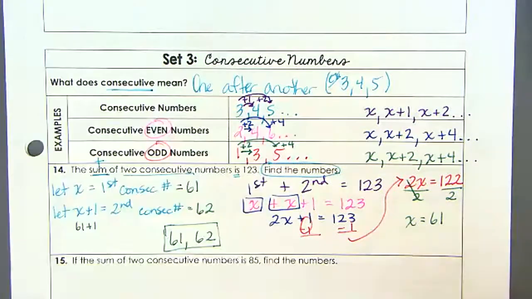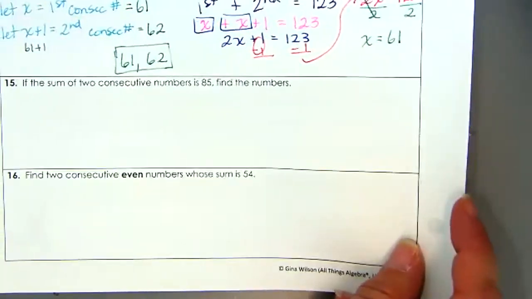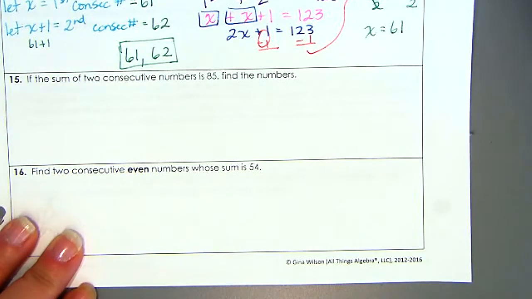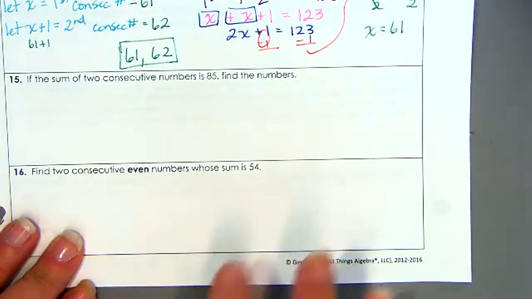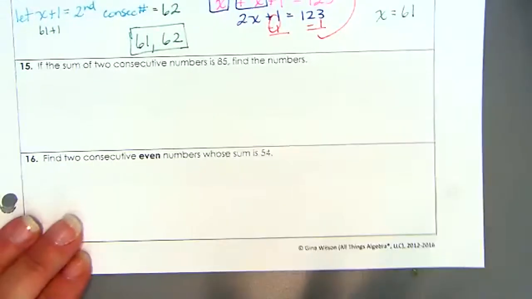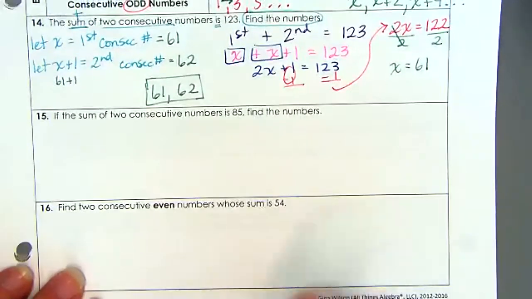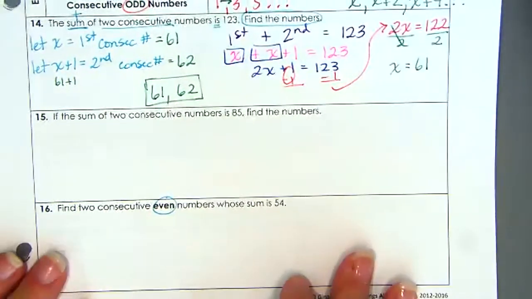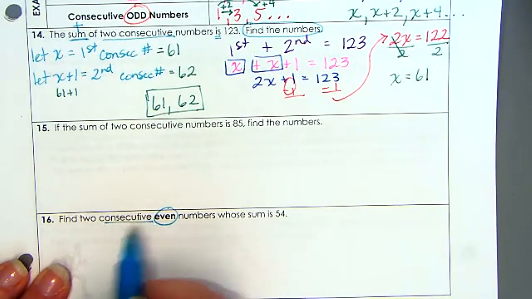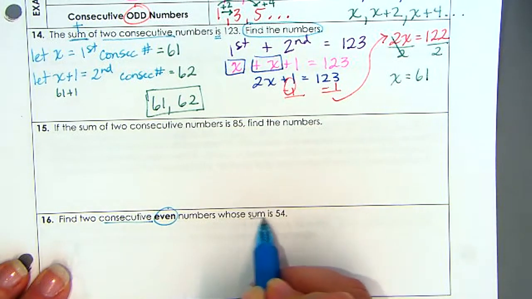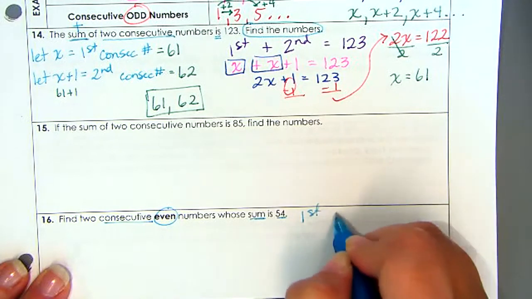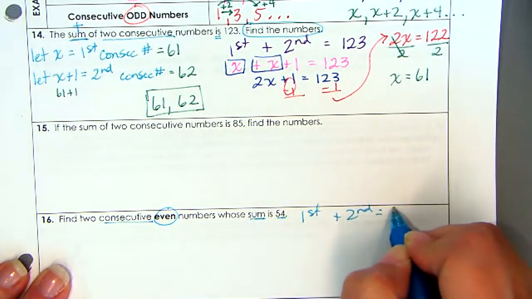Okay. Next example, 16. A lot of word problem examples. So this is going to take some practice and going back over. But remember, you can always go back to the video to watch. All right, here we go. The only difference here is we're talking about even. So we're no longer using just consecutive, we're talking about consecutive even. Find two consecutive even numbers whose sum is 54. So we're still doing the first plus the second is equal to 54.